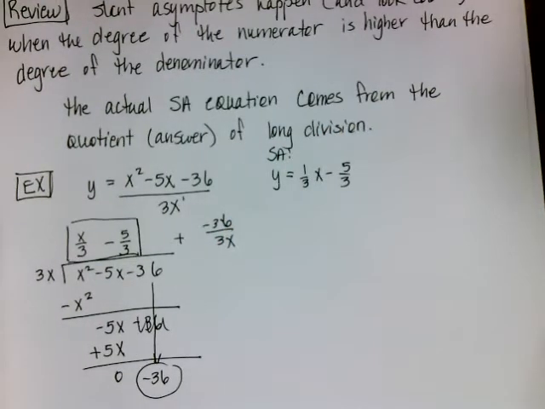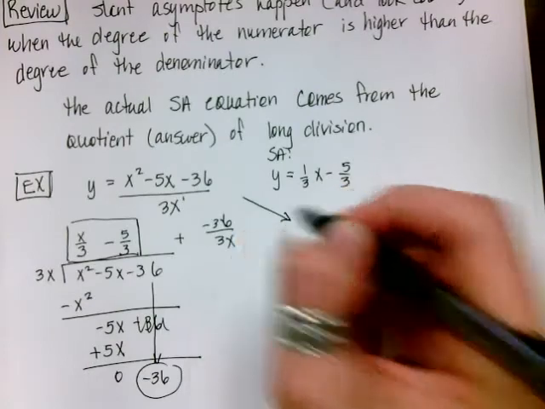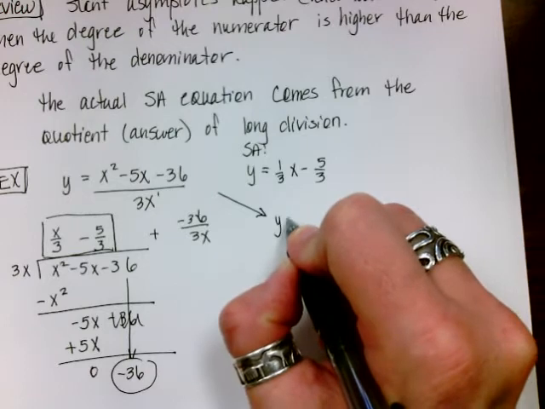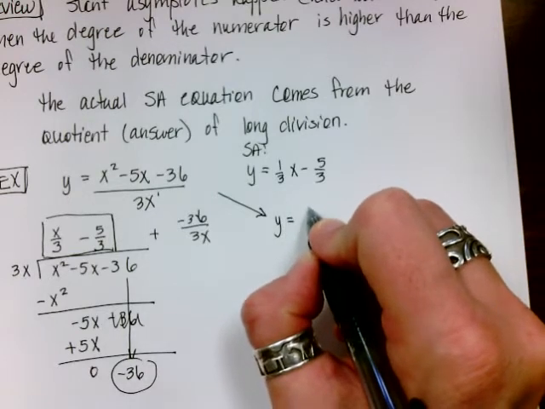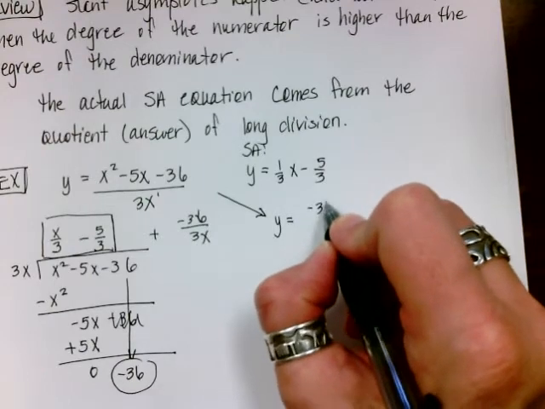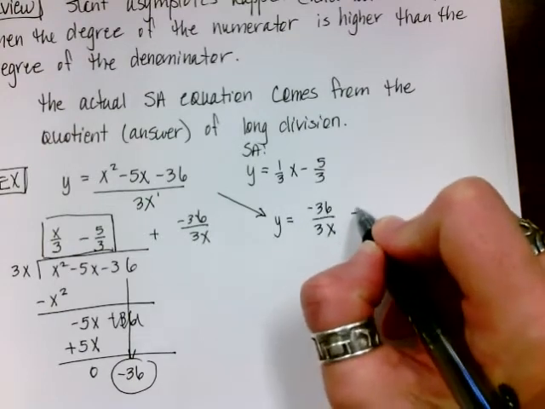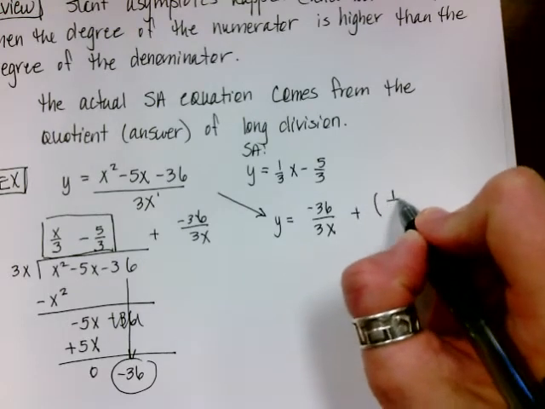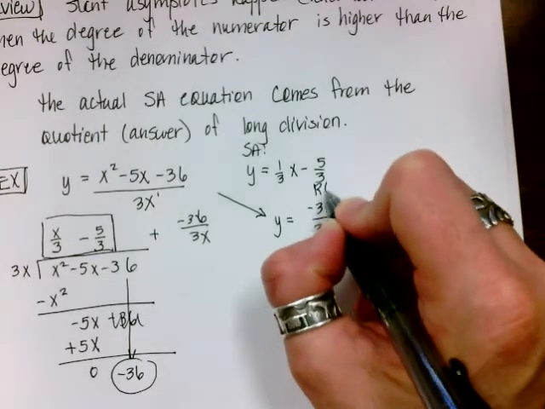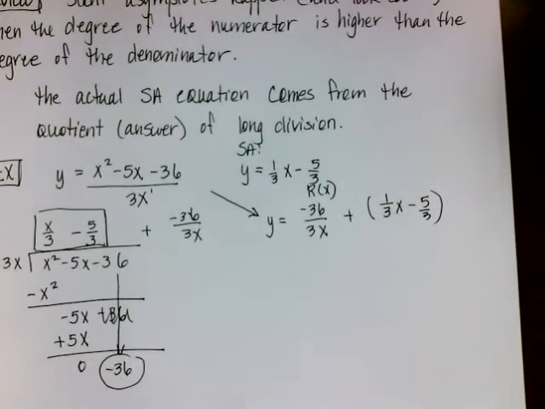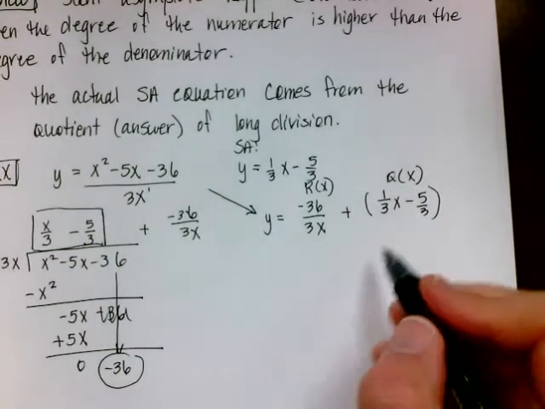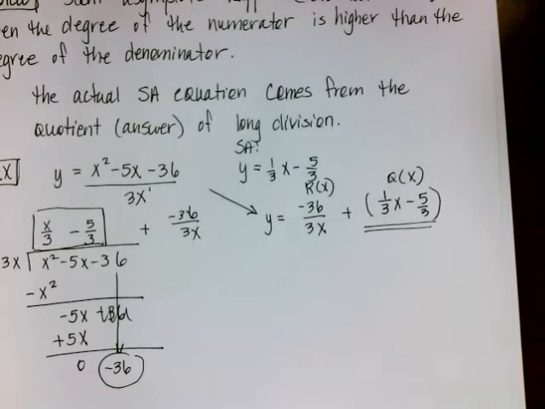And I'm just going to show you that I can rewrite the original expression to be y is equal to the remainder first, negative 36 over 3x, and then plus the quotient, minus 5/3. So this is the remainder, we'll call it r of x, and this piece is the quotient, we'll call it q of x. This quotient is my slant asymptote.